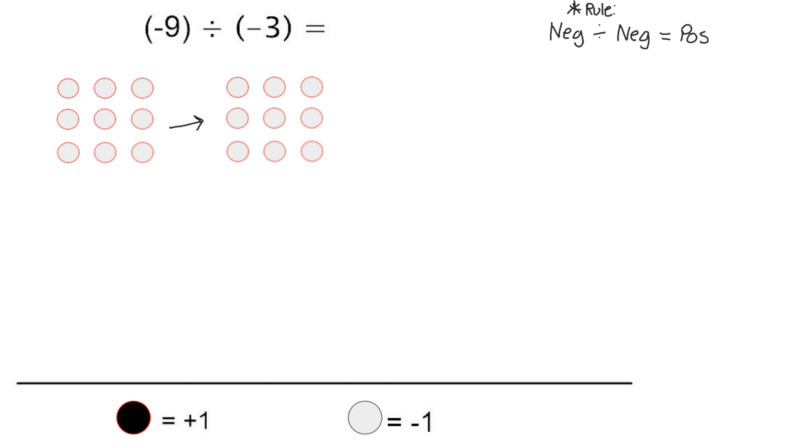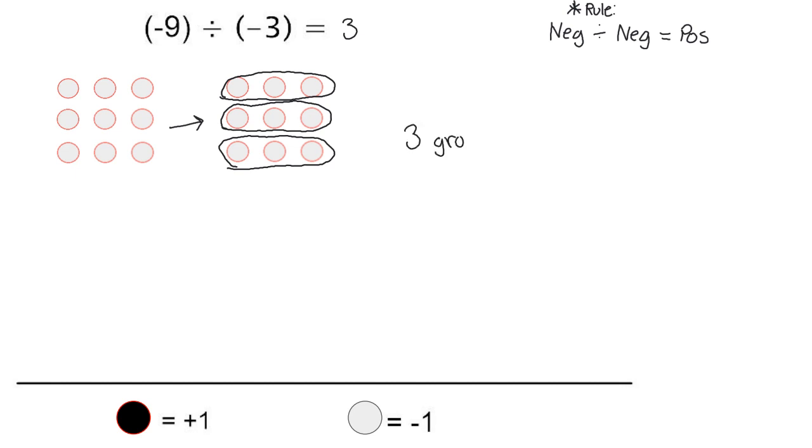And since these are all negatives, I need to group them into groups of -3. So there's one group, two groups, three groups of -3. So we have 3 groups of -3. -9 divided by -3 is equal to 3 groups of -3.